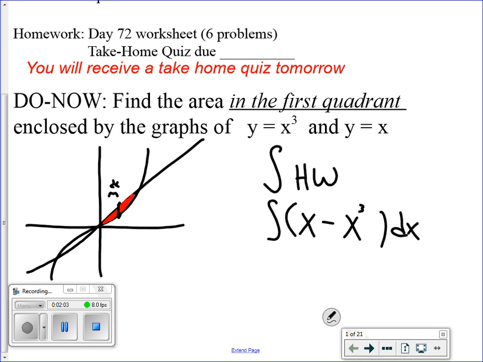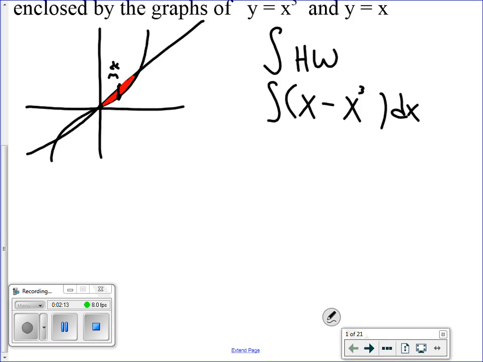And we have to find the limits of integration. We want to add up these rectangles from the smallest x, which looks like 0, to the greatest x. And to find those, we set the functions equal to each other, because when they intersect, y on one, which is x cubed, must equal the y-coordinate on the other, which is x.